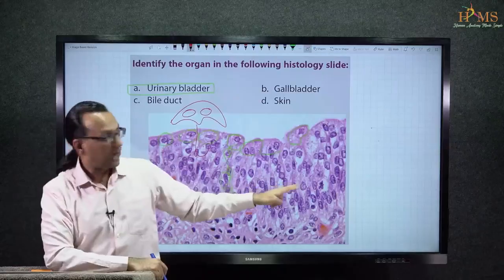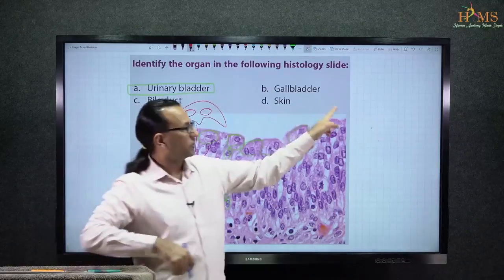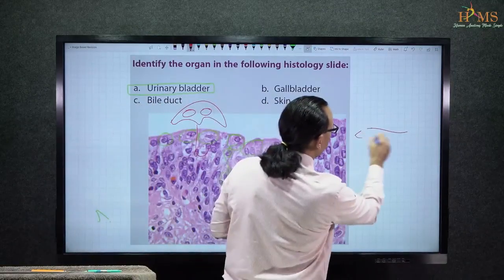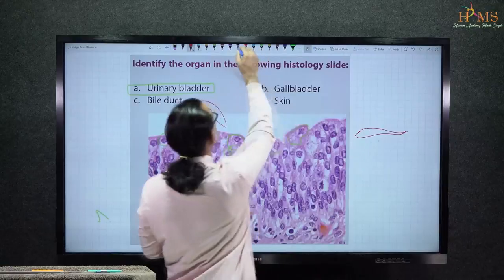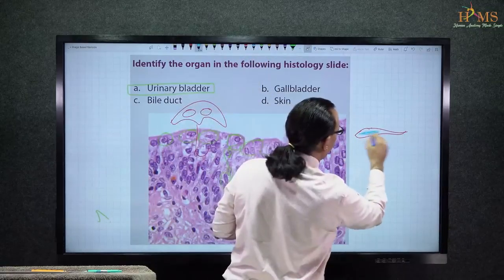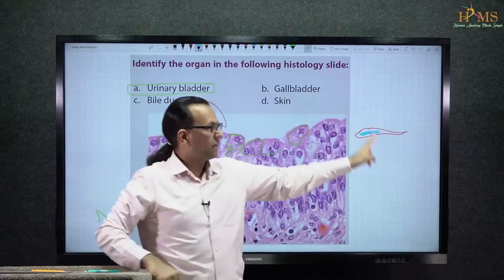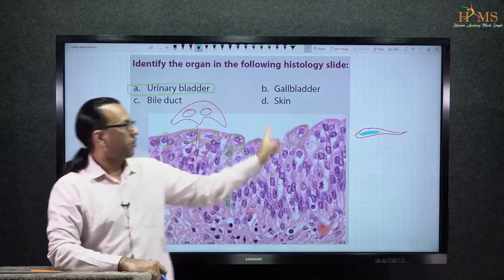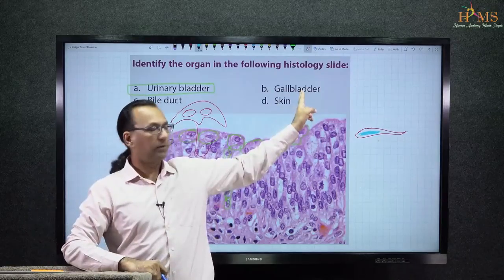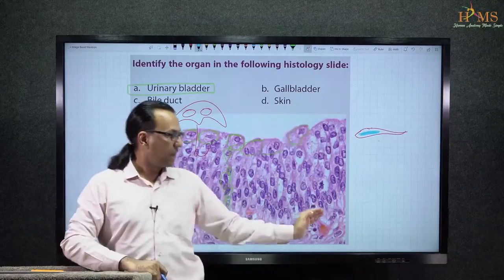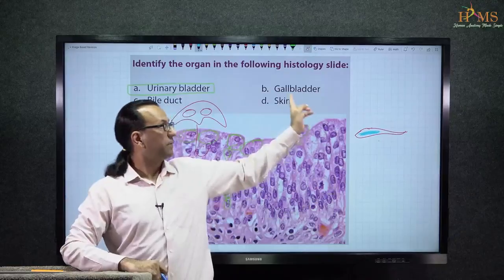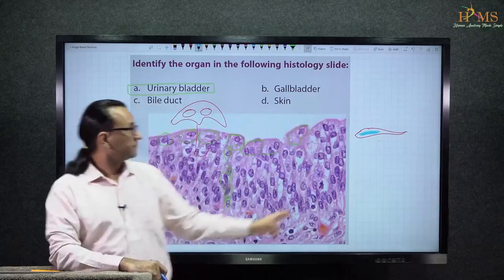And it cannot be skin, because in skin the superficial cells will be flat cells with flat nuclei, but we don't see flat cells or flat nuclei here, so it cannot be skin. It cannot be gallbladder, because gallbladder will not be multiple layered epithelium. It will be simple columnar with microvilli.